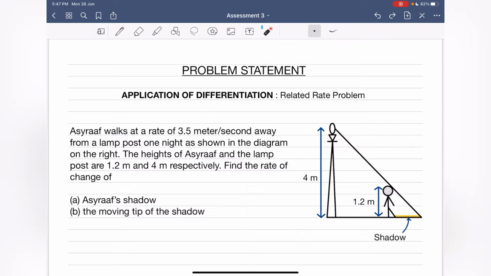The problem is: Ashraf walks at a rate of 3.5 meters per second away from a lamp post one night, as shown in the diagram on the right. The heights of Ashraf and the lamp post are 1.2 meters and 4 meters respectively. Find the rate of change of Ashraf's shadow and the moving tip of the shadow.